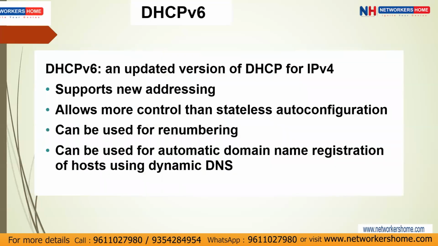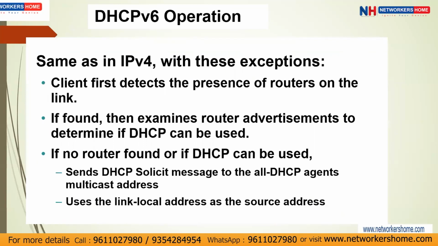DHCPv6, an updated version of DHCP for IP version 4, supports new addressing, allows more control than stateless auto configuration, can be used for renumbering, and can be used for automatic domain name registration of hosts using dynamic DNS. Its operation is the same as in IP version 4 with these exceptions.